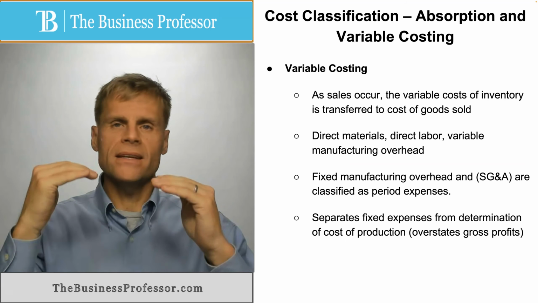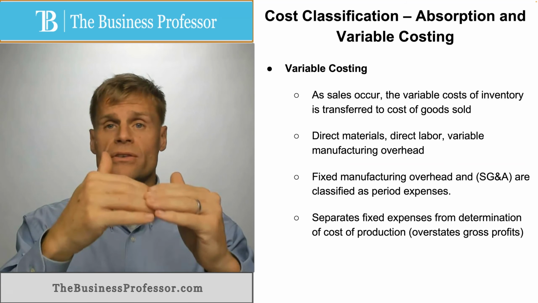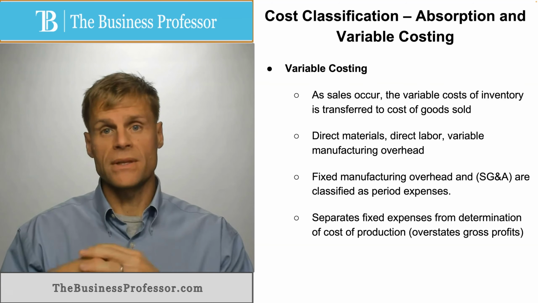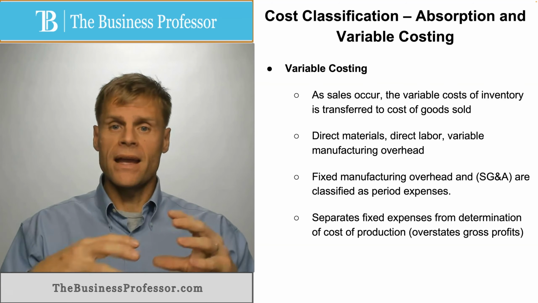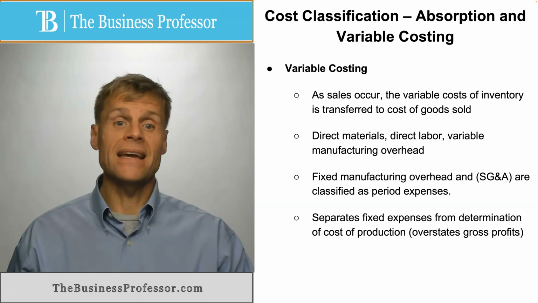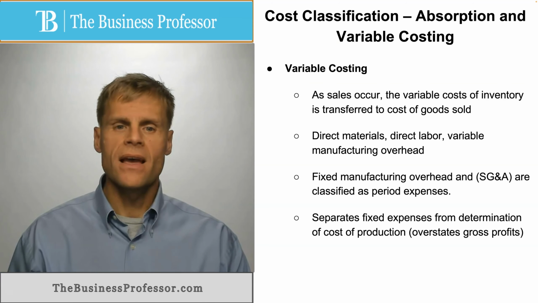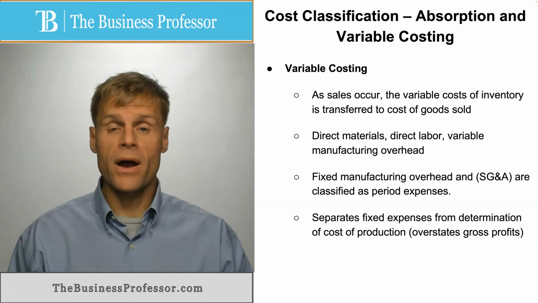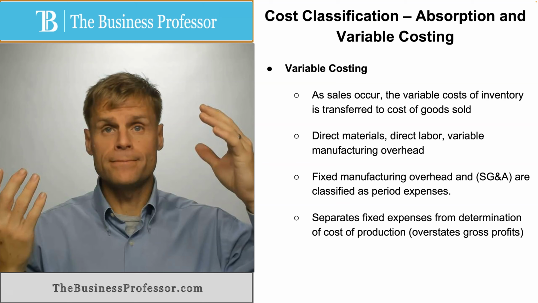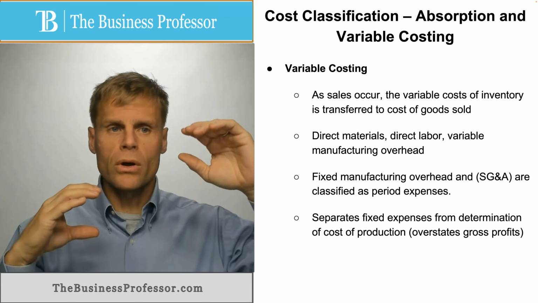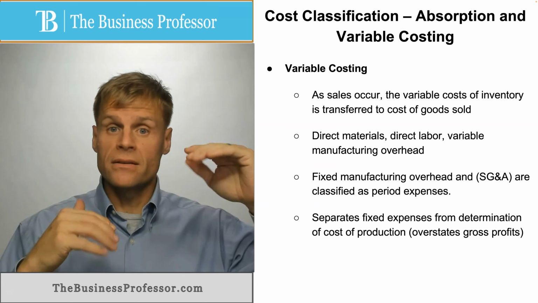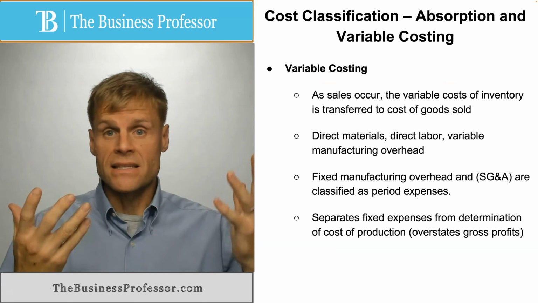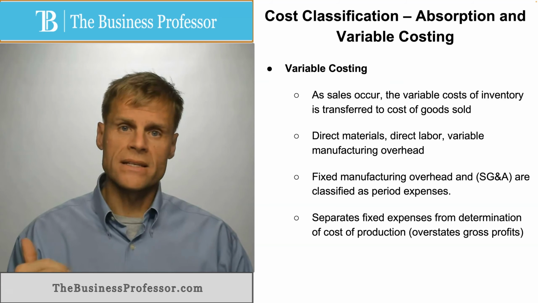Now, in variable costing, you're just simply separating out that fixed overhead expense, something that doesn't change with production, and you're putting it into a different expense account. Now, what this does is it generally tends to overstate your gross profit, simply because what you're subtracting from your gross revenue is less because your cost of goods sold is lower.